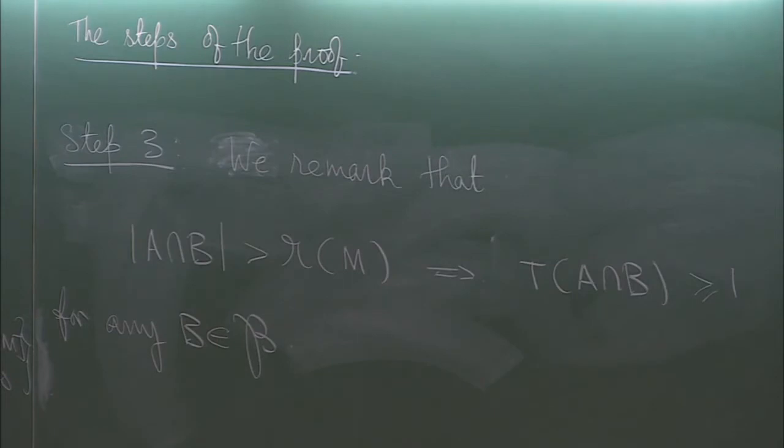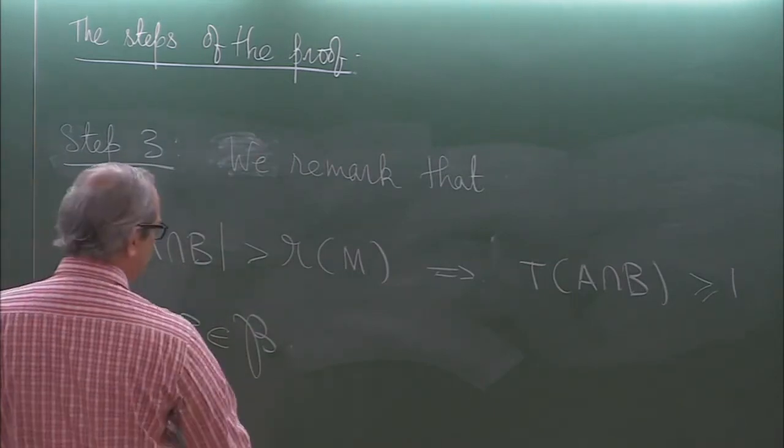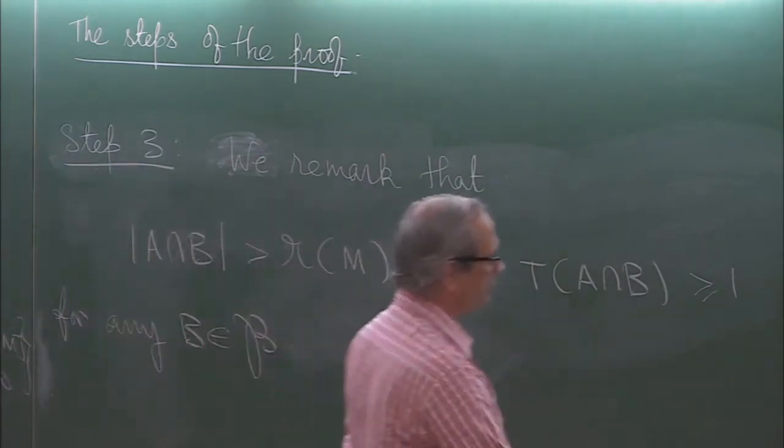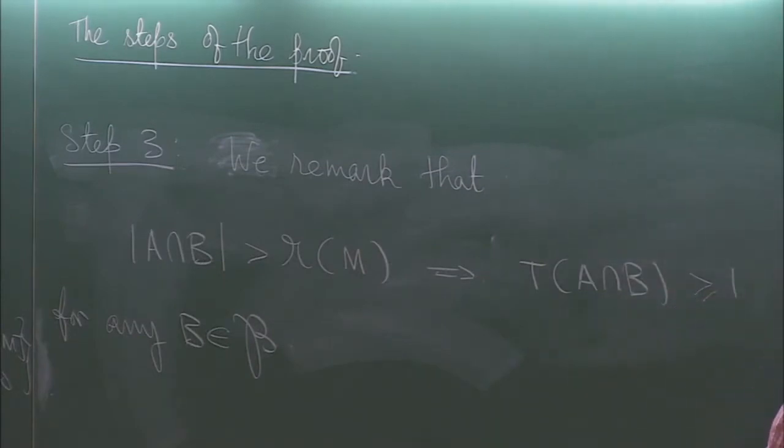Now, why is this? I told you that this is basically the definition of these things like R of m and so on. At any rate, I'll recall why this is the case.